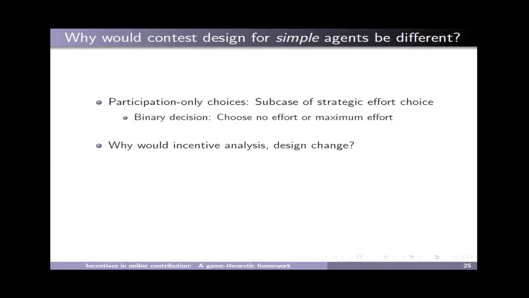Because after all, participation-only choices are a subcase of strategic effort choices, where instead of choosing points through an interval, you're choosing at one endpoint of the interval or the other. The reason the incentive analysis and design change is because competitors don't really adjust their effort in response to other people's choices. If you're in, you're all in. If you're out, you're all out. And that changes the nature of the best response very much.